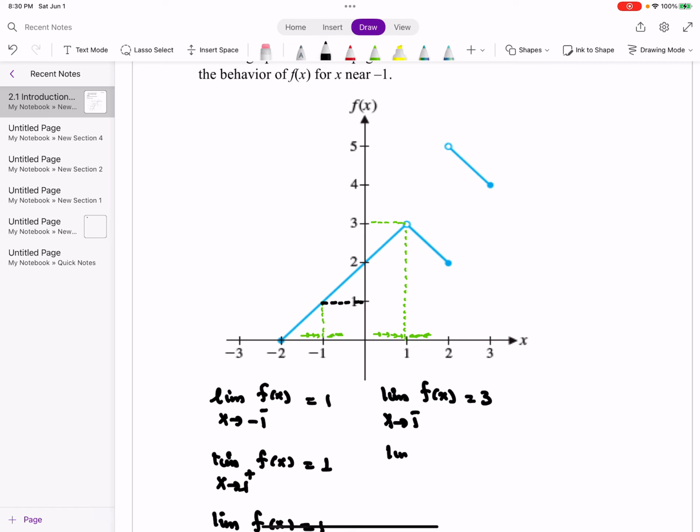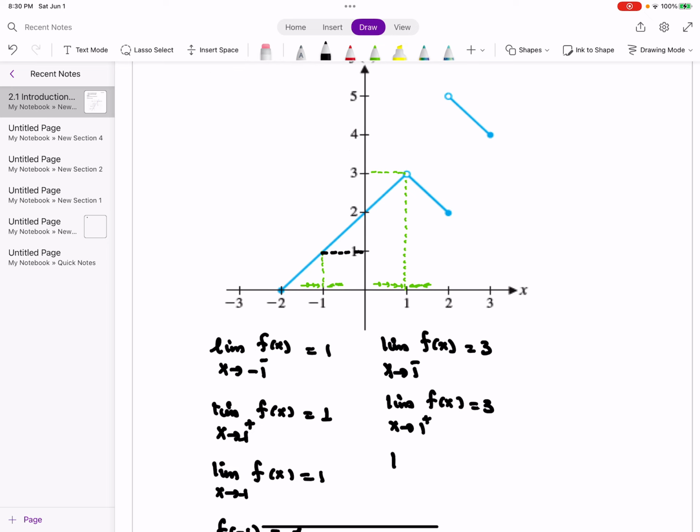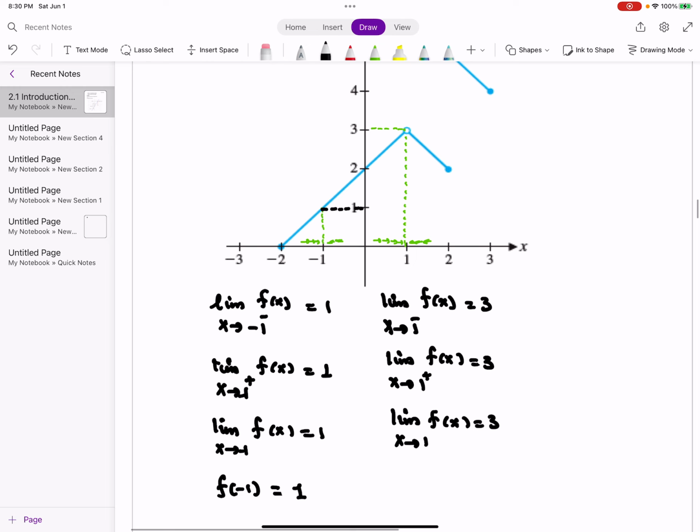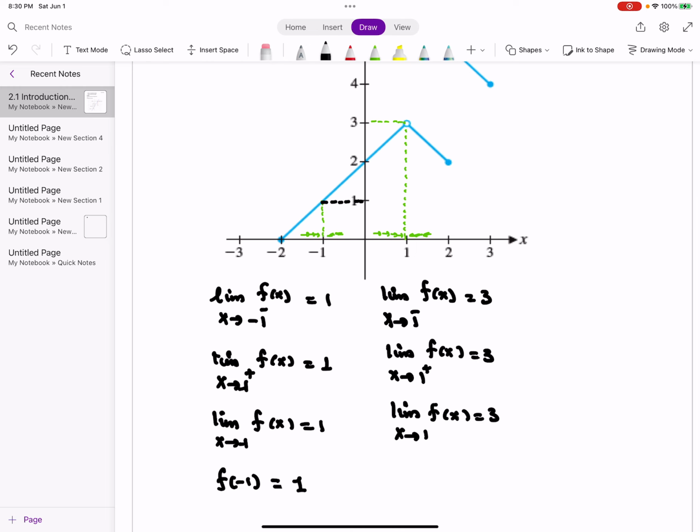Limit of x approaches 1 from the right side of f of x, again it is 3. And limit of x approaches 1, therefore, of f of x is 3, because the left side is the same as the right side.